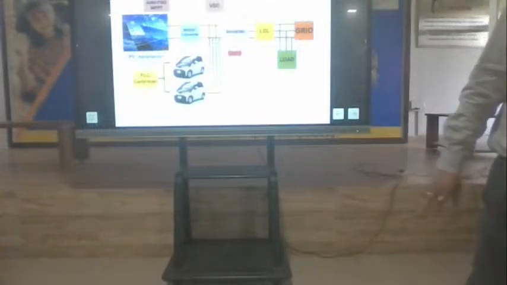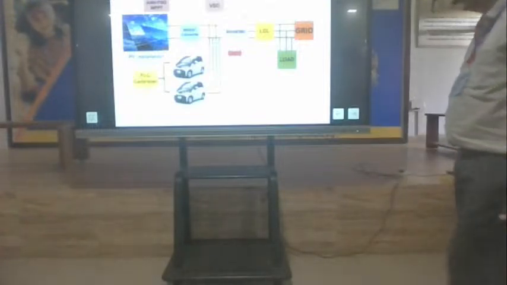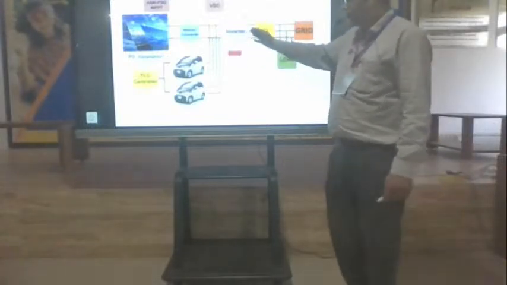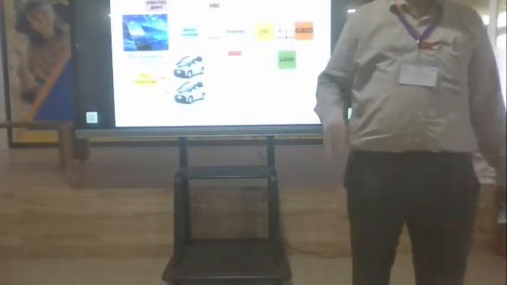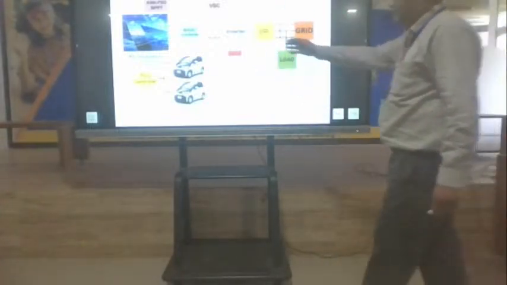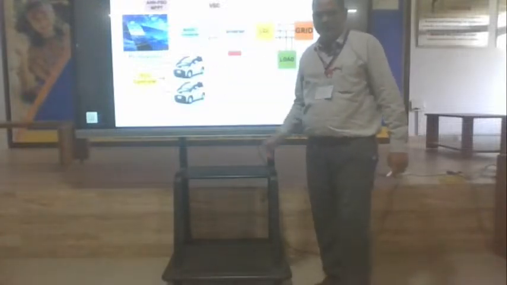You can set the state of charge controllers, and if the state of charge falls below 70%, then it will take power supply from the grid. This inverter acts as the rectifier, and power supply is given to the batteries. You can install external batteries, and you also already have the batteries in the electrical vehicles.